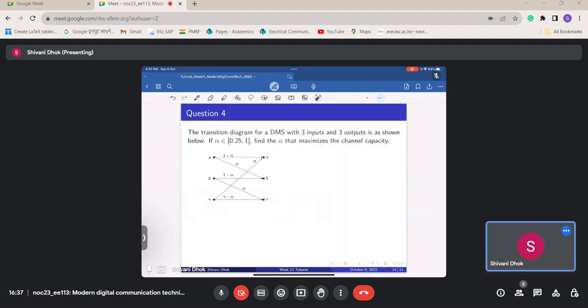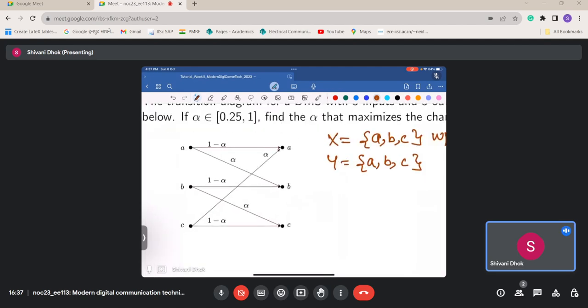Okay, so now let's say your X takes 3 values a, b and c with probabilities pa, pb and pc, and let's say this Y also takes values a, b and c, and this is the transition diagram that is given to us.